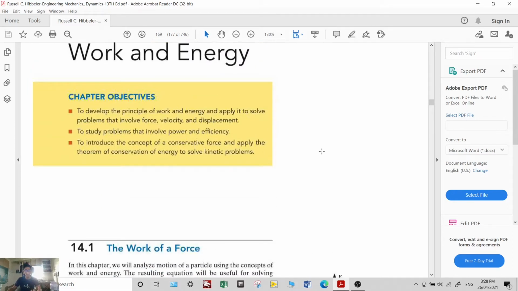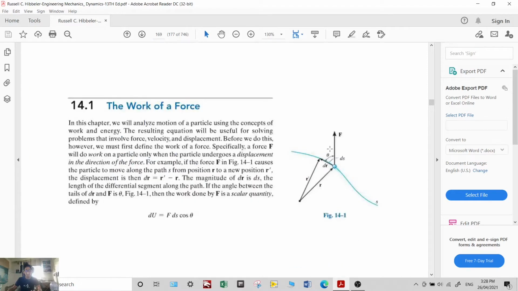Okay, so first, let's define the work of a force. Based on figure 14-1, we have a force that is acting on the particle, and the particle undergoes a displacement from position R to position R prime.